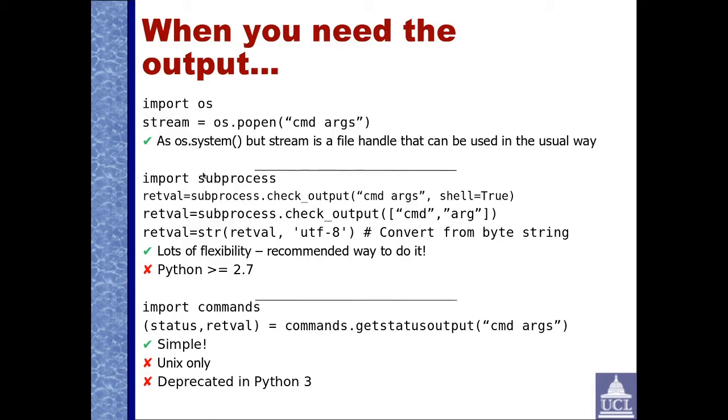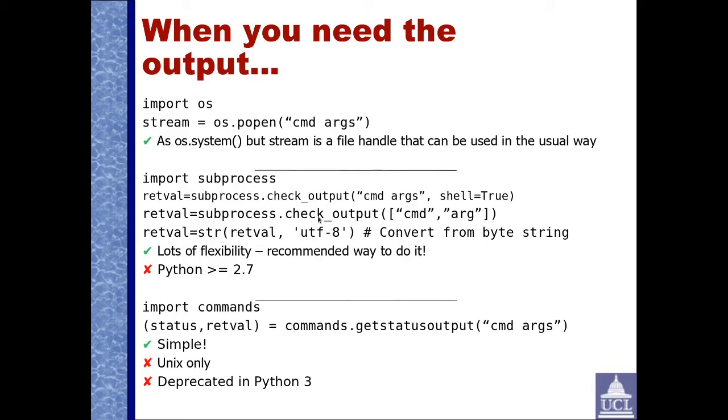Now another way of doing it is again using subprocess, but this time because we're interested in what comes back, we use subprocess.check_output. We pass it the command and arguments and shell equals true, or as we saw on the last slide, we pass it a list with the command followed by various arguments.